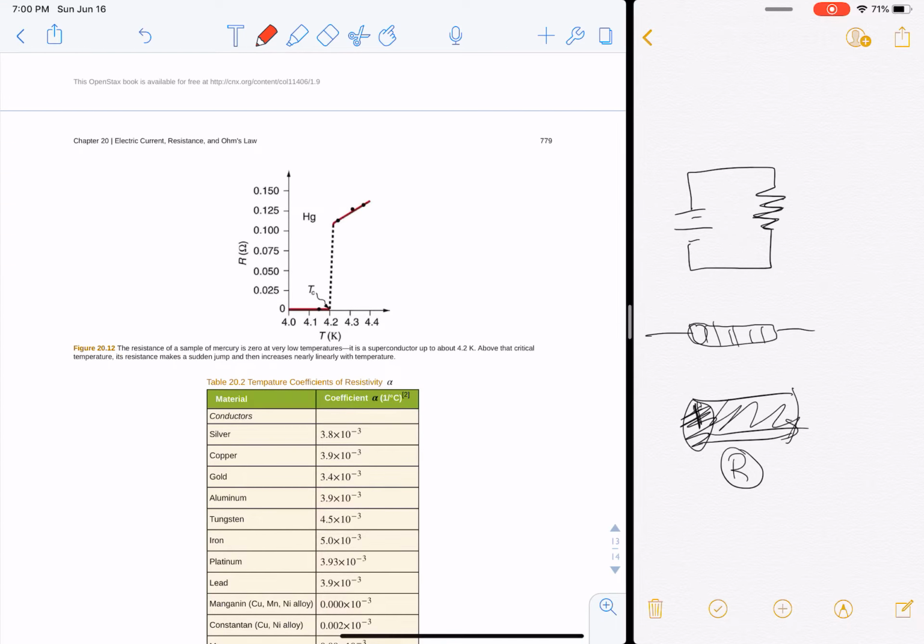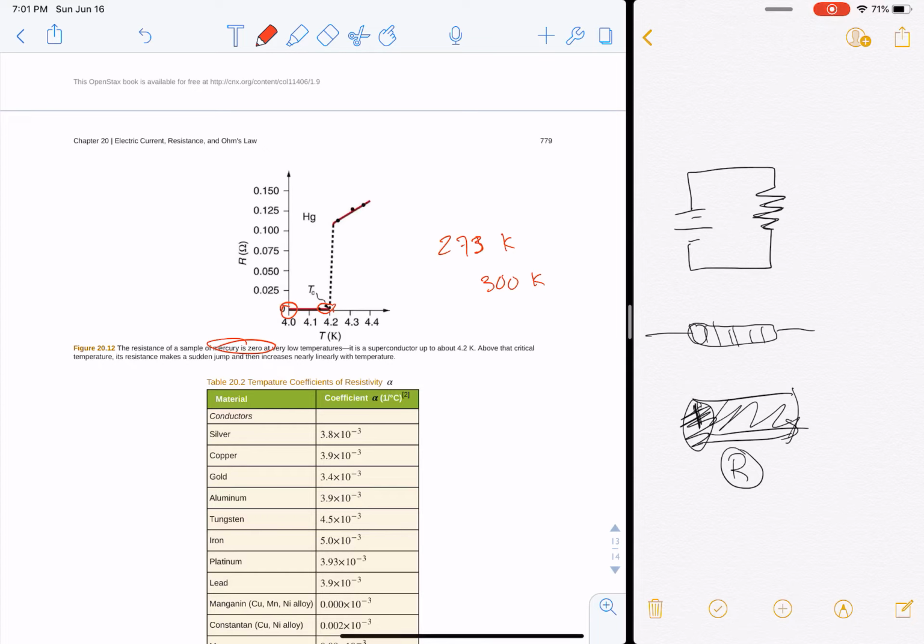So this is, for example, mercury. Its resistance is 0 at very low temperatures, but as you heat it above 4.2 Kelvin, which is still very, very cold, its resistance makes a sudden jump and then increases linearly with temperature. 273 Kelvin is when water freezes. About 300 Kelvin is room temperature. It's not 300 degrees Kelvin, it's just 300 Kelvin. I screw that up.